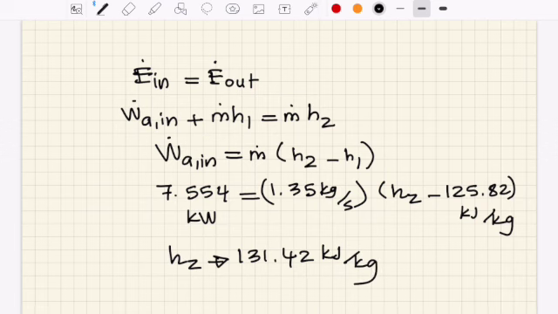Now at the second state, we figured out the enthalpy, but we are also given the pressure.